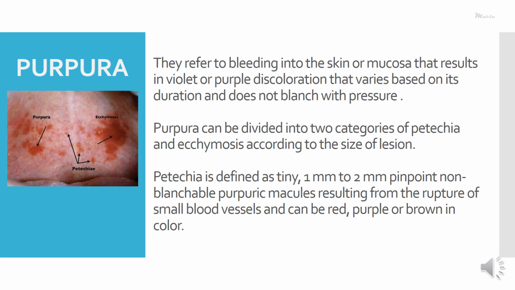Petechiae are defined as tiny 1 mm to 2 mm pinpoint non-blanchable purpuric macules resulting from the rupture of small blood vessels, and they present as red, purple or brown in color. A rupture of capillaries within the connective tissue in the mucosa will result in numerous 1 to 2 mm pinpoint macules, which are referred to as petechiae.